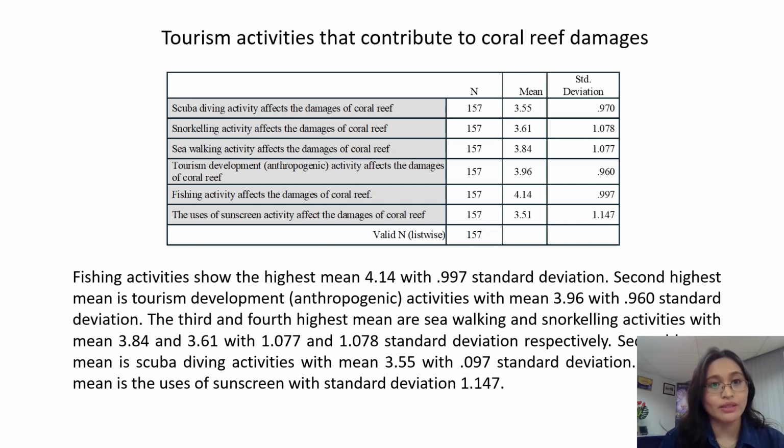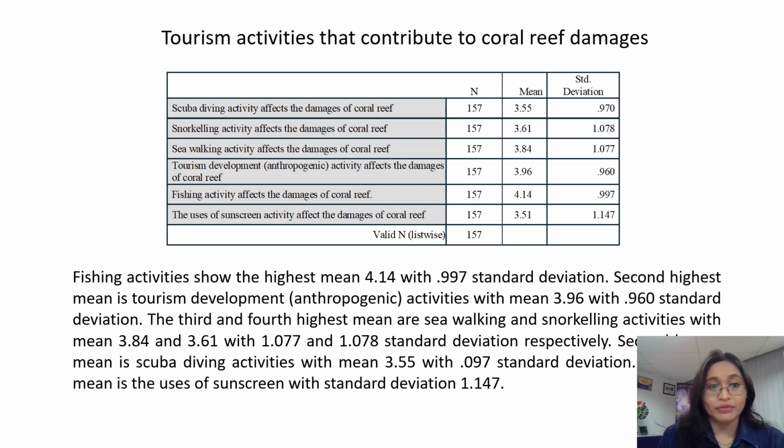From this slide, you can see the activities we listed, such as scuba diving, snorkeling, sea walking, and anthropogenic activity, meaning tourism development, and fishing activity. The last one we included is sunscreen, which probably contributes to coral damage.